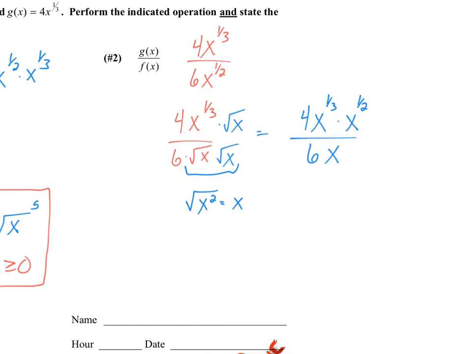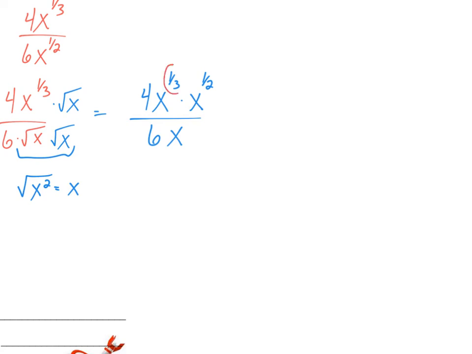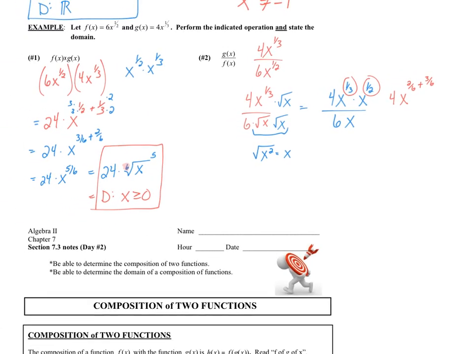Okay, now this is kind of tricky. We're not quite done because we have to add up these fractions. So it'd be 4x to the 2/6 plus 3/6. If you're wondering where those came from, think about what we did over here: 1/2 plus 1/3 was 3/6 plus 2/6.